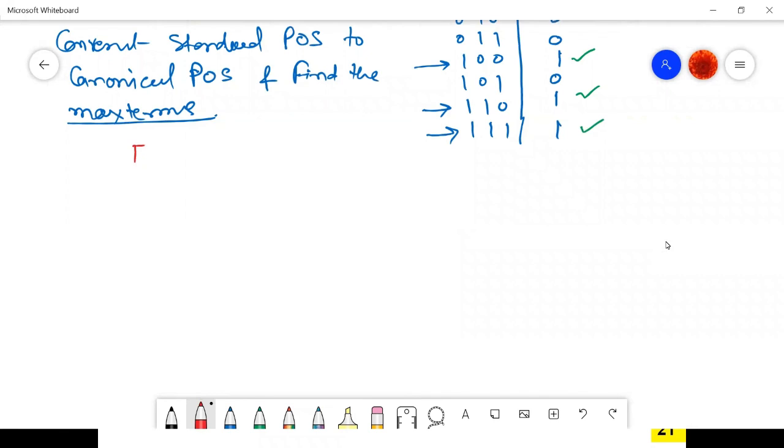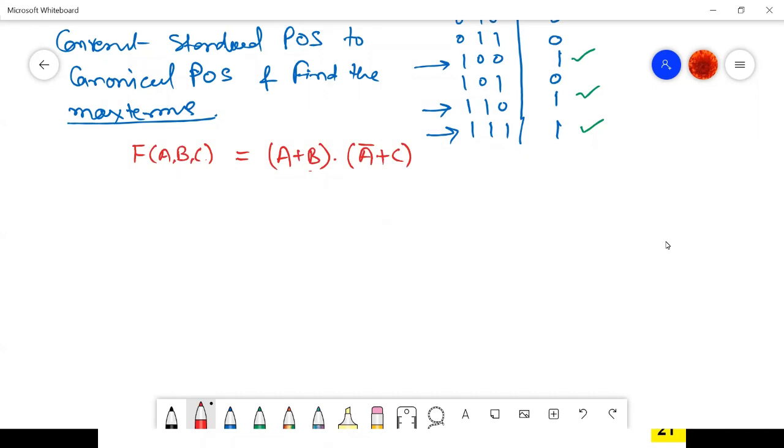Let's suppose we are given F equal to a function of ABC, right? And we are given (A plus B) and (A complement plus C). Is the question clear?